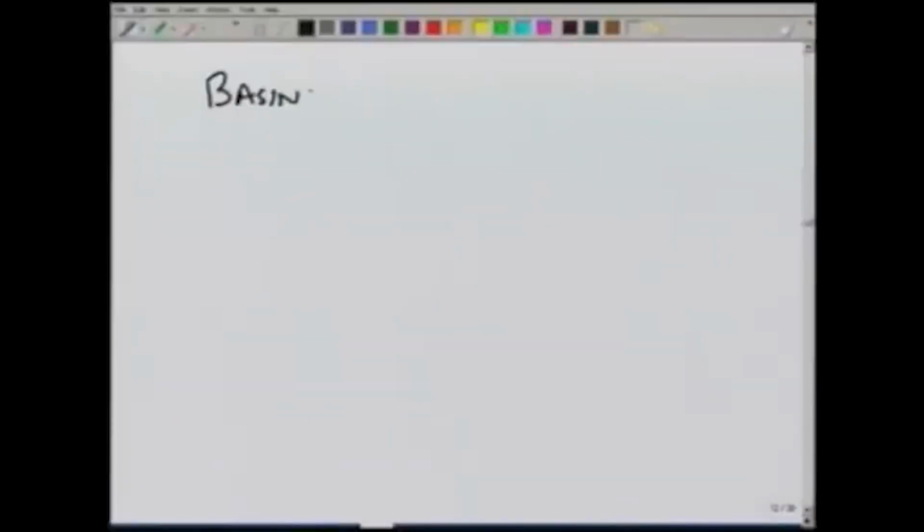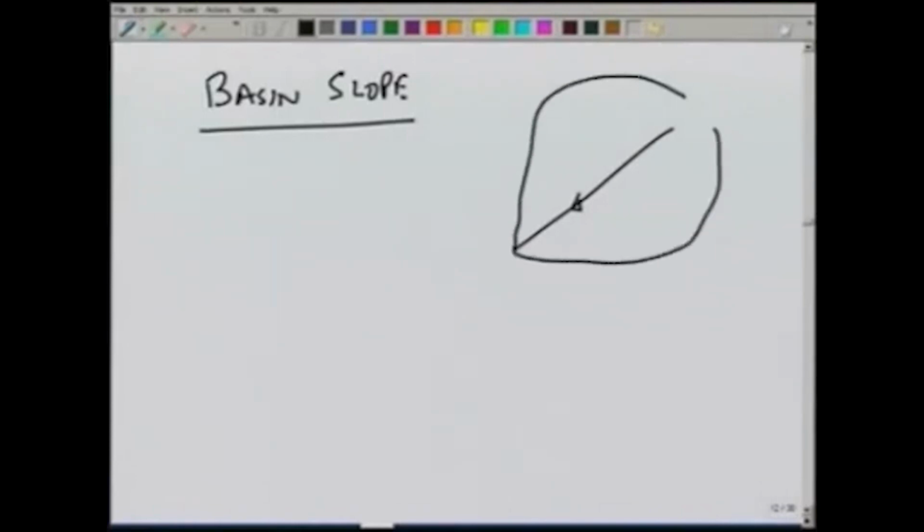The next factor we would look at is basin slope. Now, basin slope will affect the time of overland flow. So, if there is a channel and the catchment area, the time it takes for a drop of water to travel from B to C will be dependent on the slope of the basin.